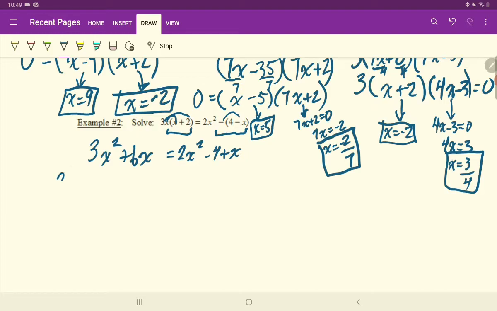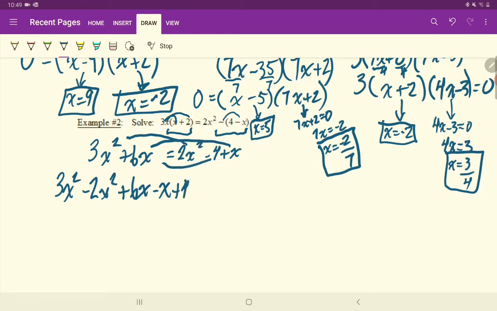So I'm going to go 3x squared, and I'm going to bring my 2x squared over by subtracting 2x squared since it was positive on the right. Then plus 6x, bring my plus x over, becomes minus x. And then bring my minus 4 over, it becomes plus 4. Now, what did I leave behind on the right side when I moved everything to the left?